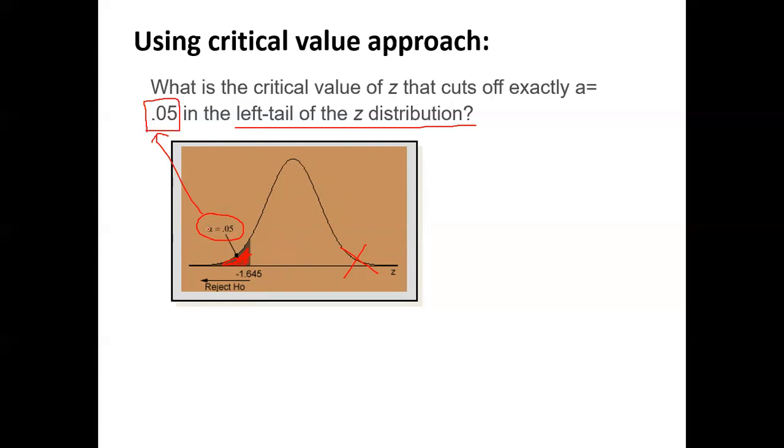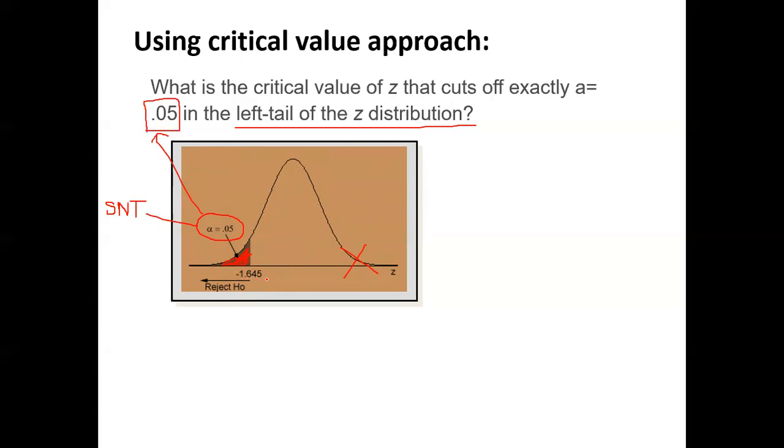When you refer to the standard normal table, please try to find it in the standard normal table. Then you will get the Z value is negative 1.645.